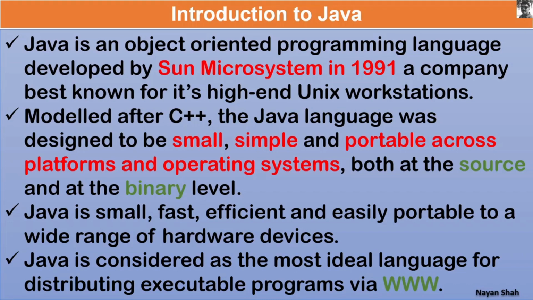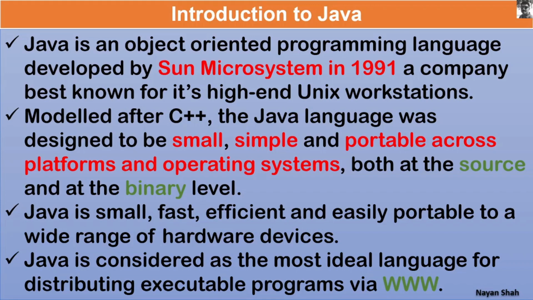Remember, because this textbook was written 8-9 years ago, it says that it is developed by Sun Microsystem and it is called Sun Java. But at present, Java has been taken over by Oracle company, so now it is actually called Oracle Java. But because we are following the textbook for the board exam, we say that Java is developed by Sun Microsystem, a company that developed high-end Unix workstations.